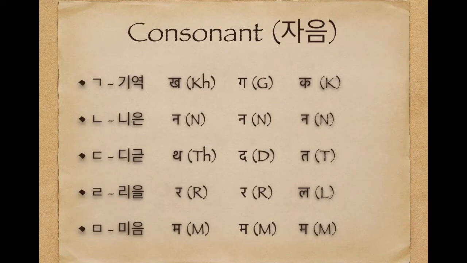And when neon appears in the middle or any place of a word except the beginning and the last, it is pronounced as na, n. Same when it appears as a past chain, it is pronounced as na, n.